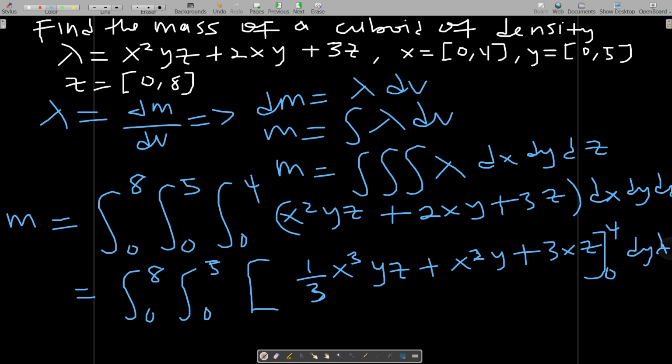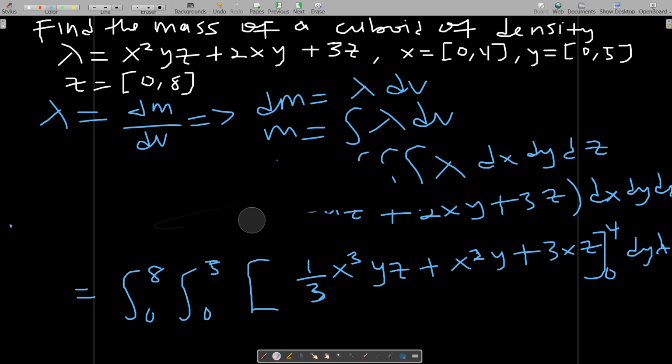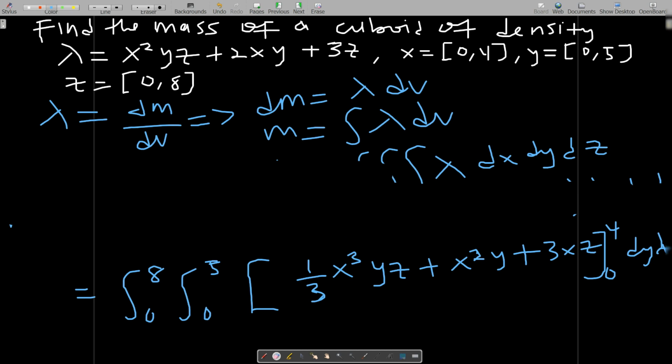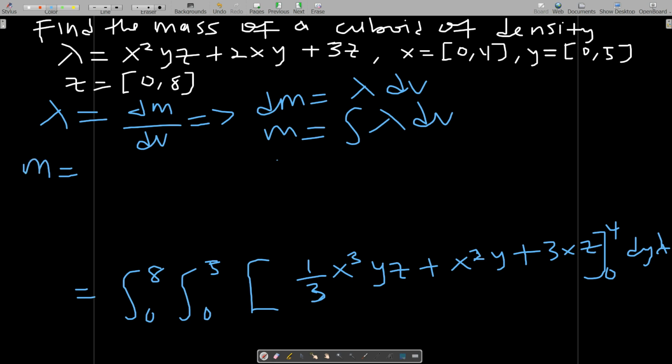Now let's simplify this and write it at the top here. I hope you can simplify this. So if I put my limits in, I'll get my mass to be equal to the integral from 0 to 8, from 0 to 5 again.